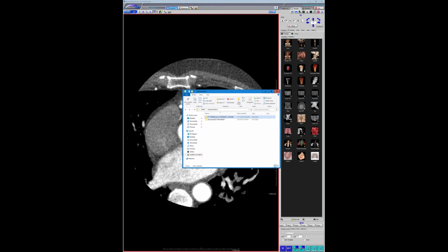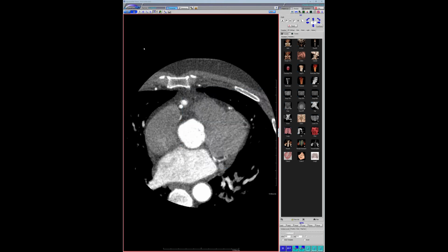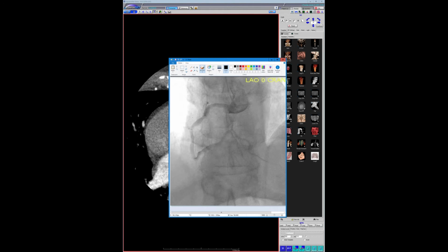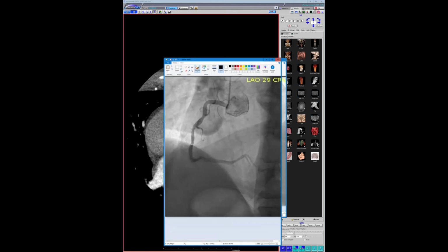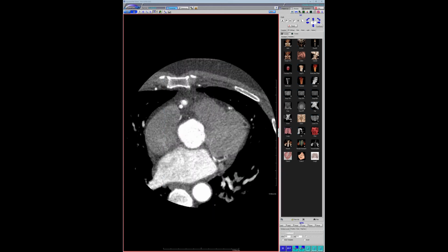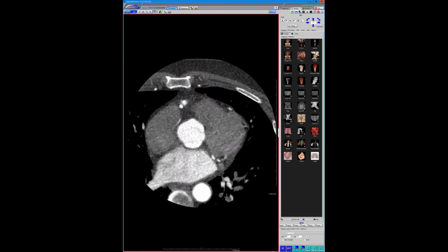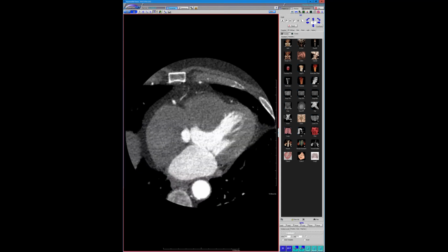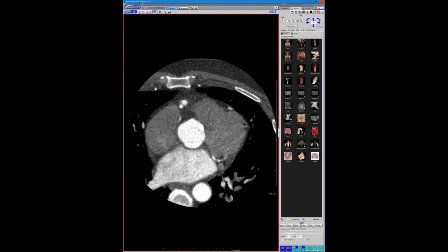Now the interesting thing is that, let's see if I can pull this up quickly without delaying too much here. So they did a cath, and the cath showed a severe LAD stenosis, and yeah, this is not a good picture, but the RCA looked fine.